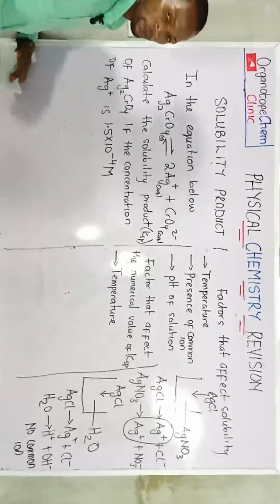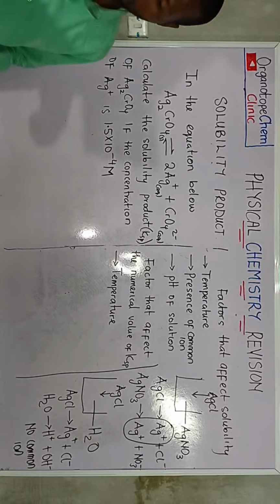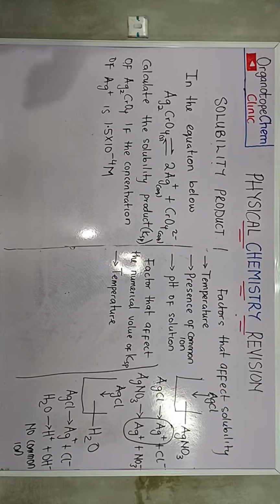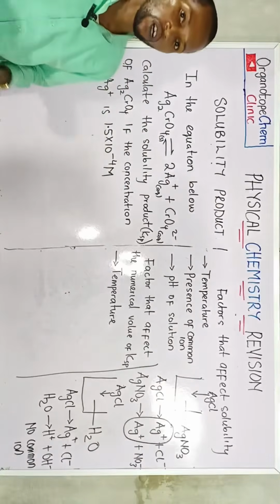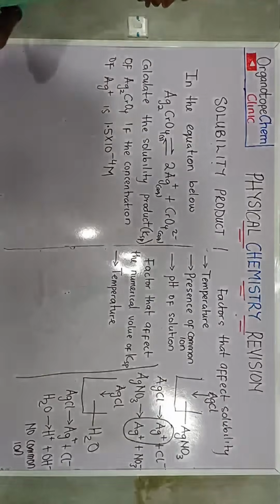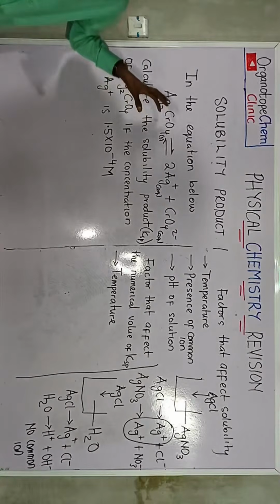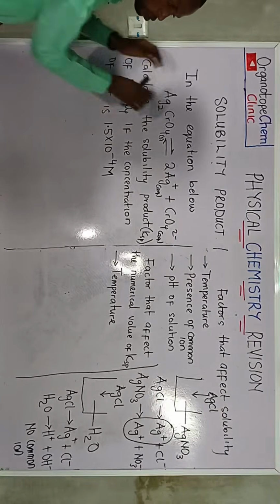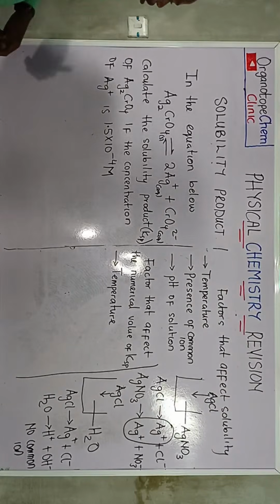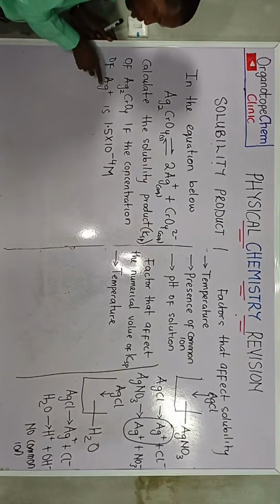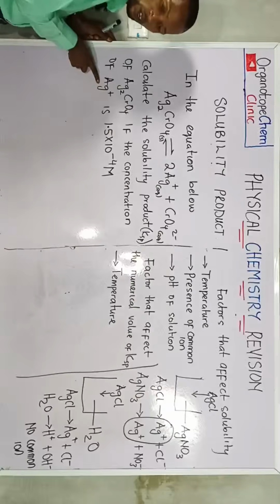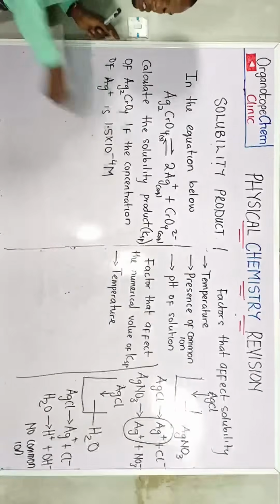This capital M implies mole per dm cube, molar. Okay? So remember I said the solubility product is expressed in terms of what? Molar concentration. So we have the ionic equation right there for the dissolution of the sparingly soluble salt. Is that okay? Now we have the concentration of the Ag+ is 1.5 times 10 raised to power minus 4.